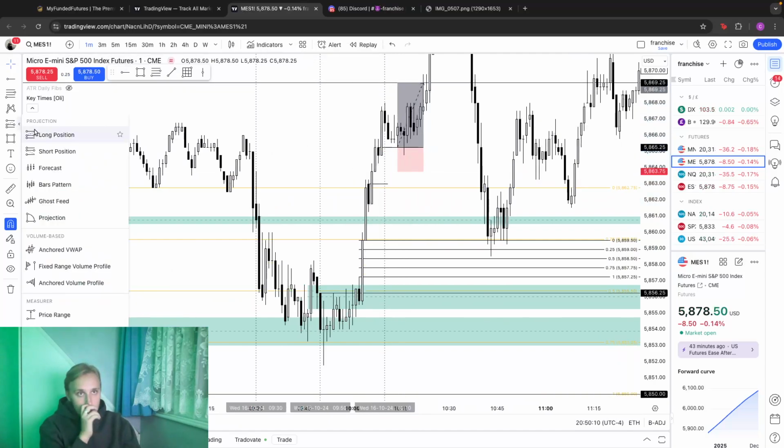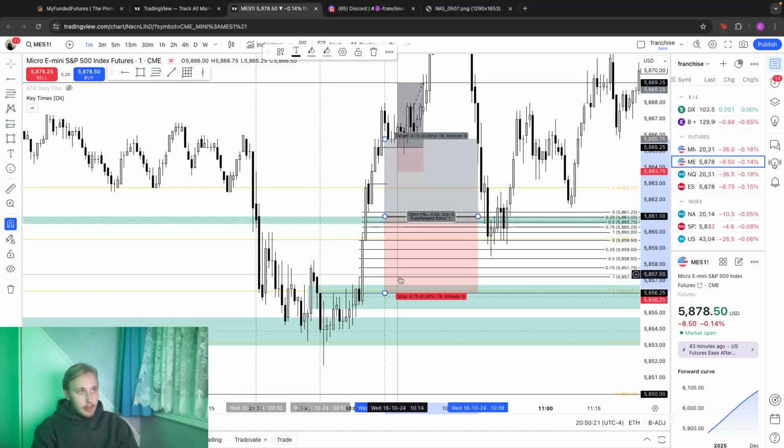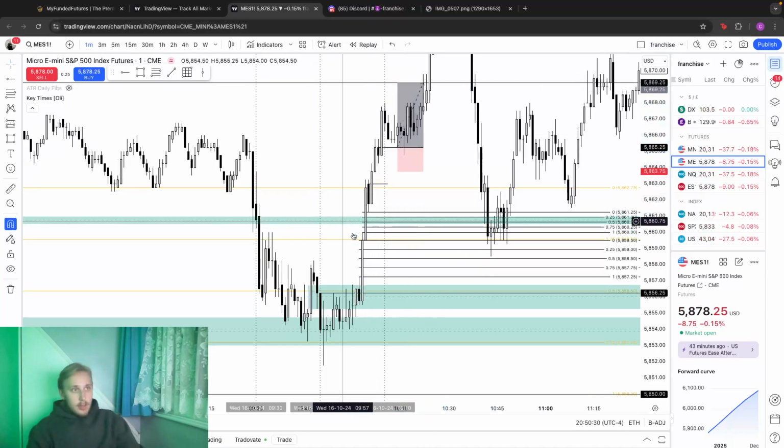I would have used this fair value gap right here, the upper quadrant, bang, stop loss here, bang, that would have been a 5.5R.